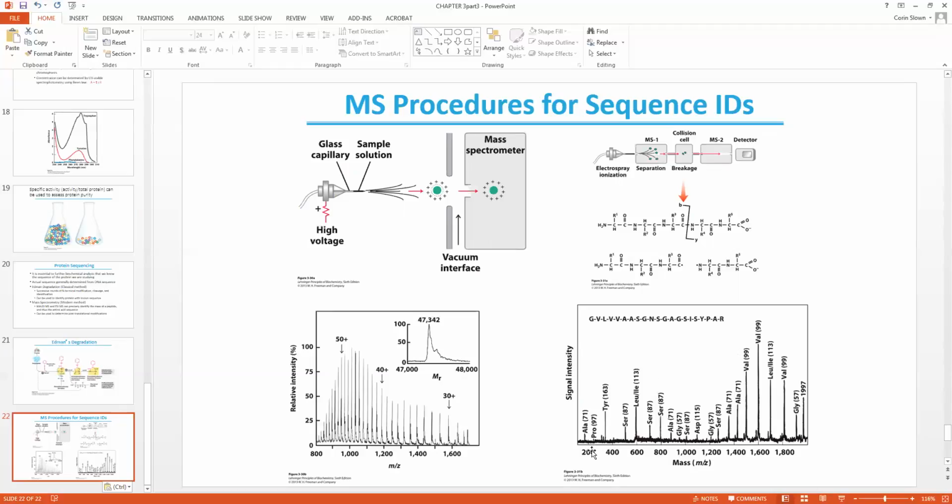And so I'll be able to determine the components based on their relative mass. You can see here's relative signal intensity, here's the mass. And so based on a close-up view of this, I would be able to determine, say, for example, serine or alanine based on its mass.